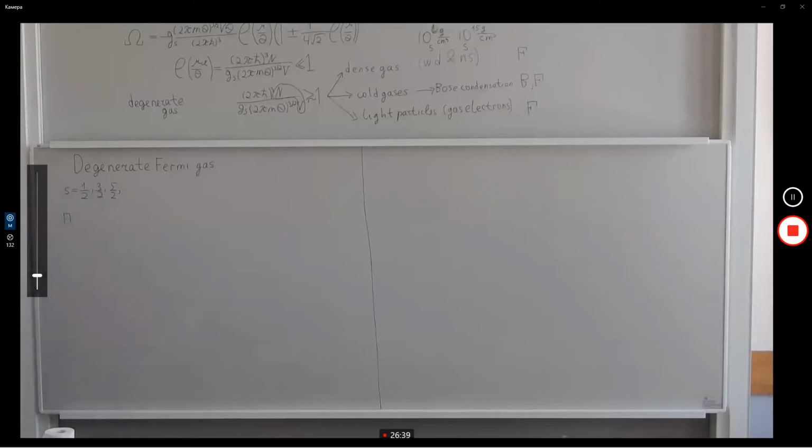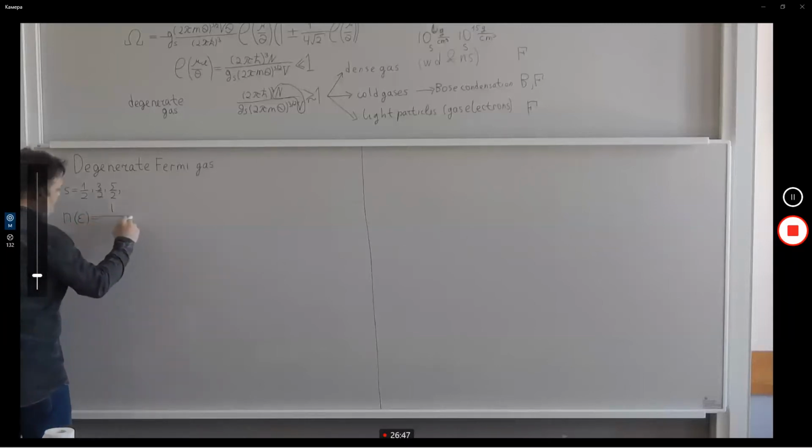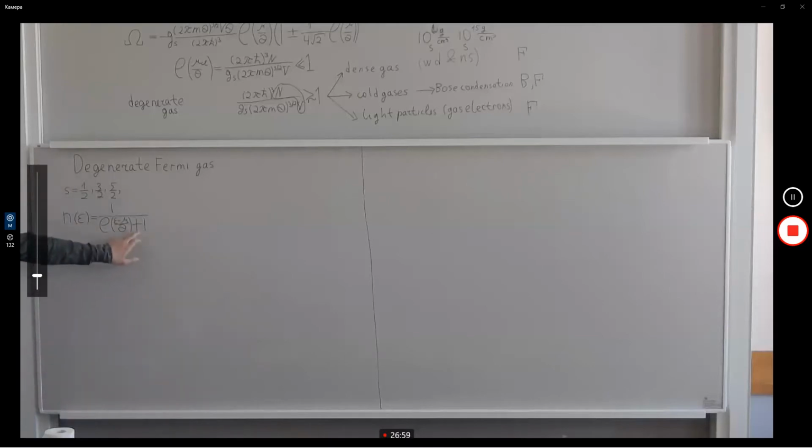We know that for fermions, the average occupation numbers are defined by the formula here. I put the sign plus because I have fermions.